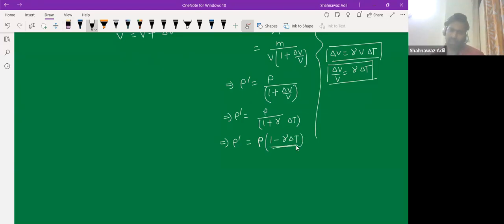Did you guys understand this part? Yes, sir. Yeah, because this is 1 by 1 plus gamma delta T. So I can write this as 1 plus gamma delta T inverse, right? And if these things are very small, from binomial expansion, I can write this as 1 minus gamma delta T.